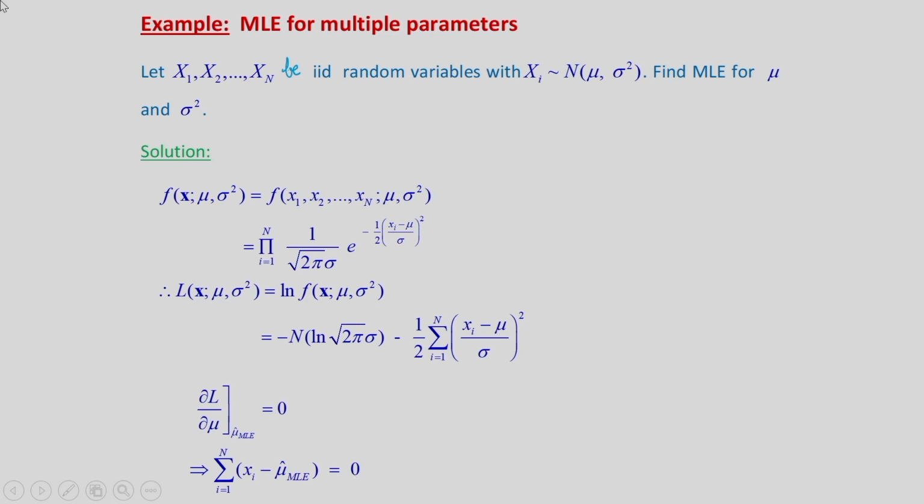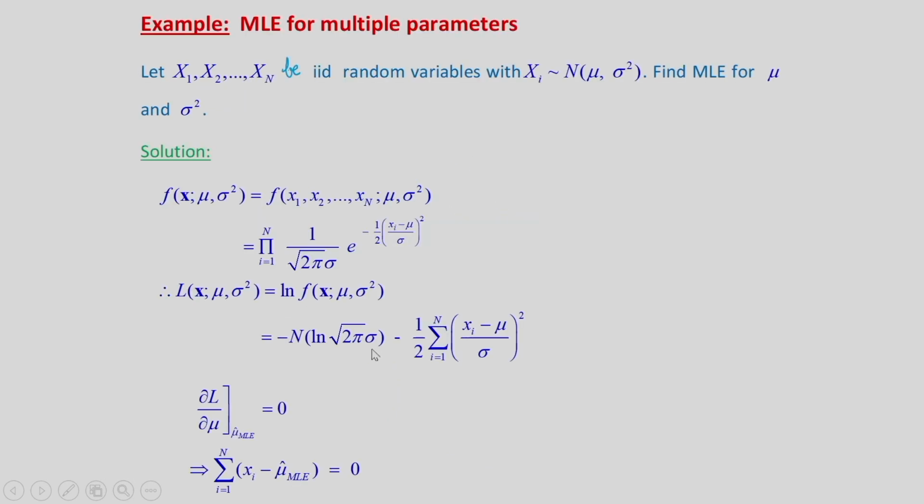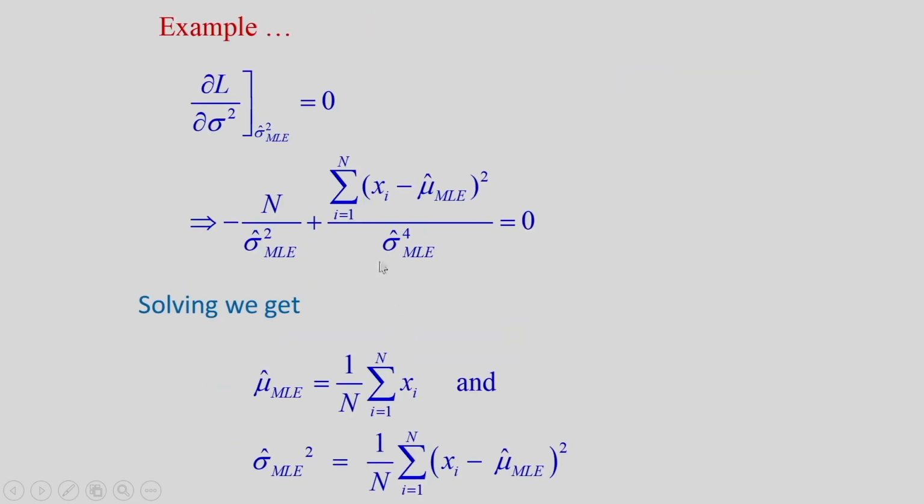This is one equation. Similarly, del L by del sigma square at sigma hat square MLE is also equal to 0. From that we will get minus n by sigma hat MLE square plus summation xi minus mu hat MLE whole square, i going from 1 to n, divided by sigma hat to the power 4 MLE, is equal to 0. So, if I take the derivative with respect to sigma square, we will get this expression.